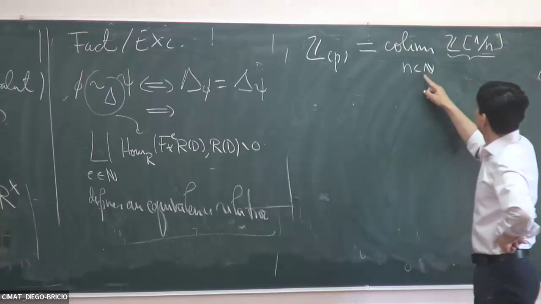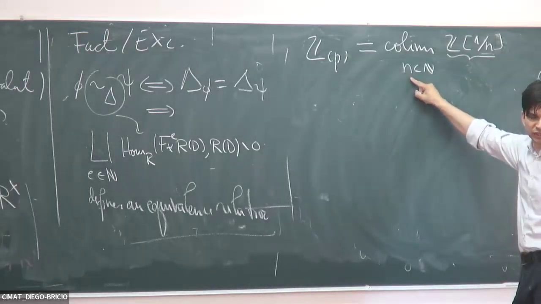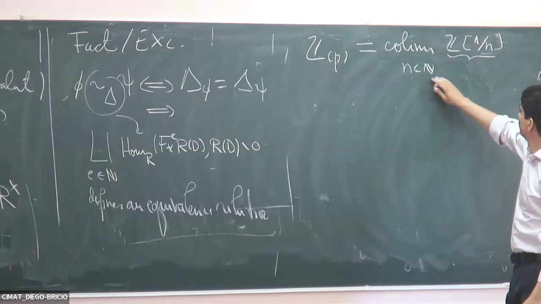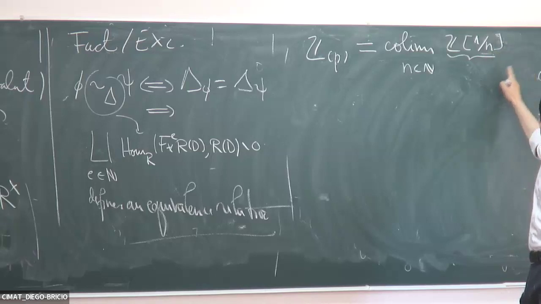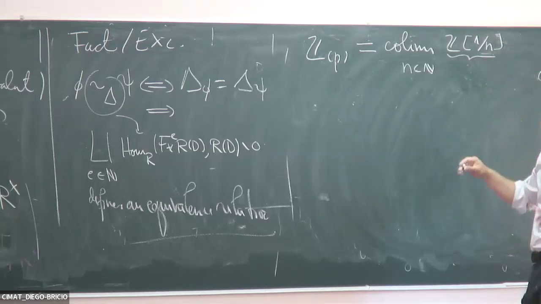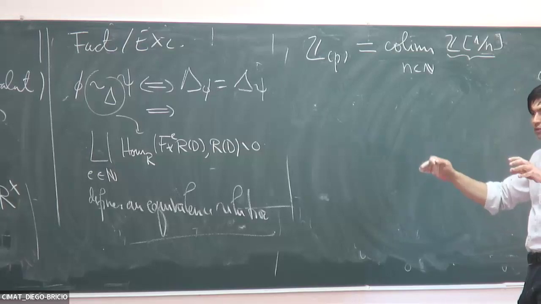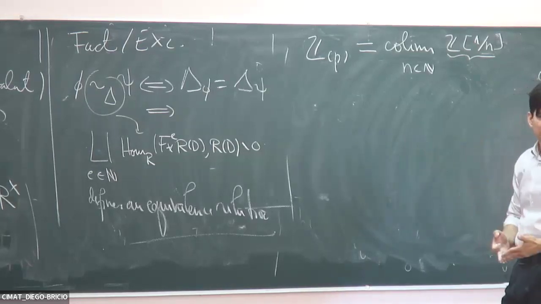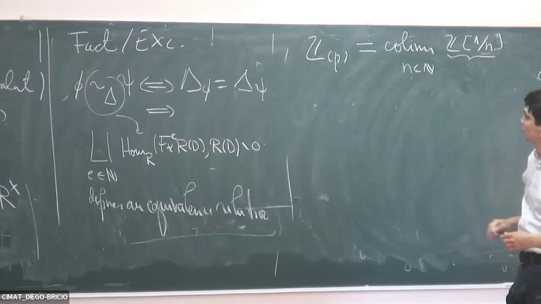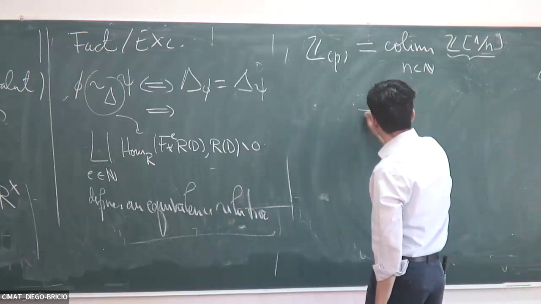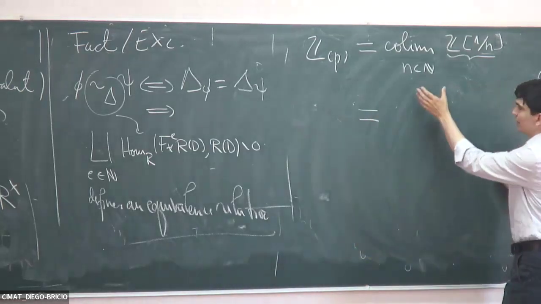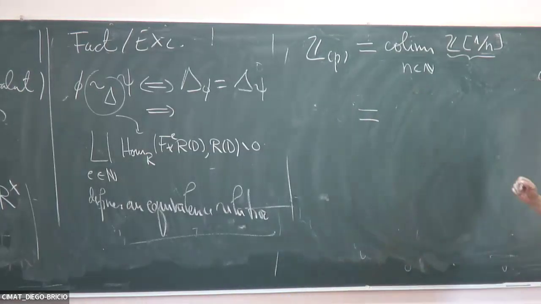This is well defined because this is a colimit that is taken using the relationship of divisibility, right? So, for example, Z1 over 2 is inside Z1 over 6, and Z1 over 3 is inside Z1 over 6. So Z1 over 2 and Z1 over 3 meet at Z1 over 6, and so on. So that's how this colimit works, right? However, the observation is that, well, this is a colimit, so we can take subsystems of open neighborhoods, right?